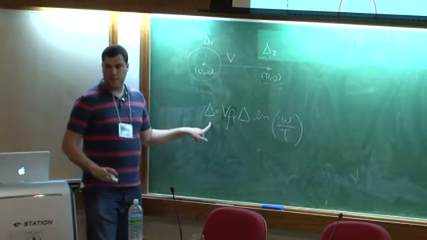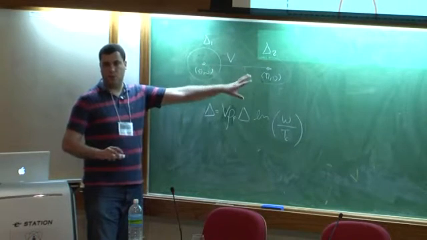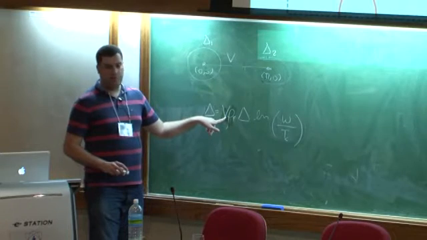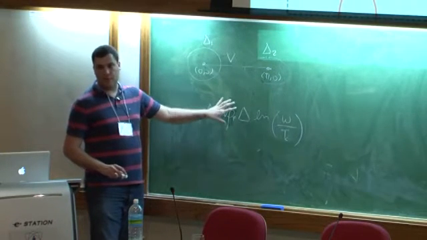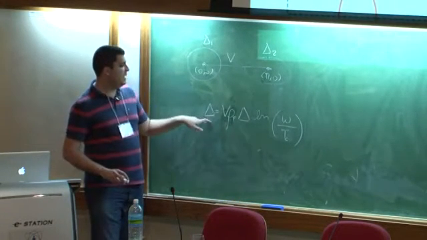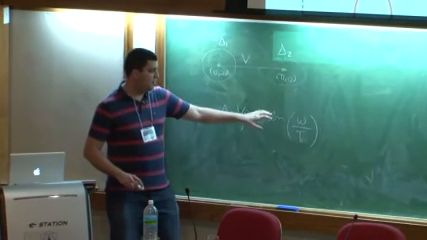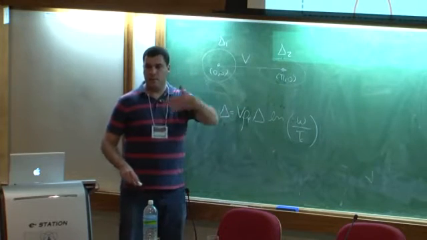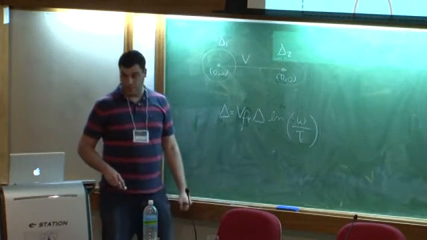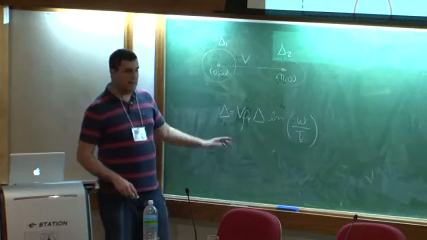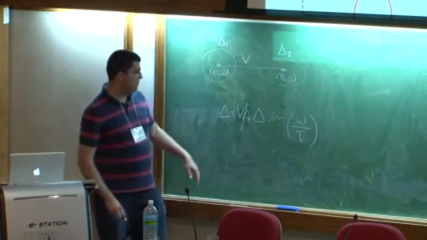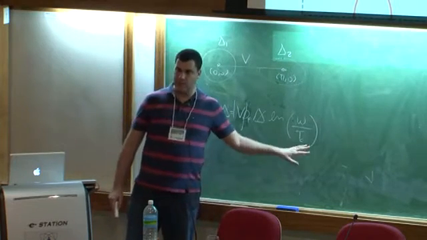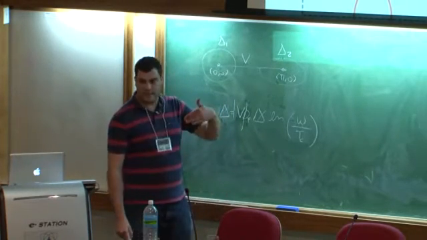It was just that equation solved when sending delta to 0. I have pairing V, density of states rho F, this is a number, that's a coupling constant. Delta on one side, delta on the other side, and a log that gives me Tc. W is just some energy scale beyond which there's no attraction anymore. Okay? And of course, this was the absolute value. And then delta goes away, and you find Tc. That's what we did yesterday.